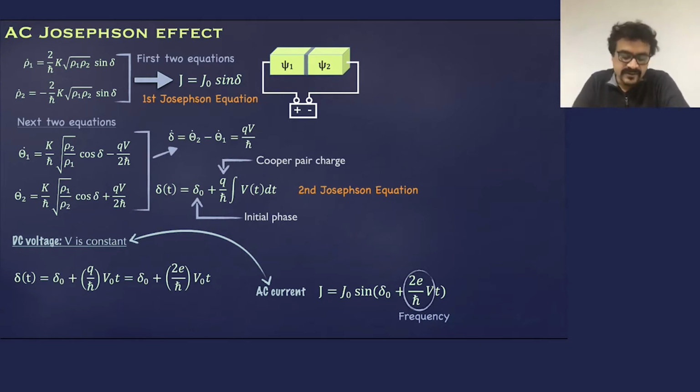Okay, from the first two equations, which are on the time rate of change of the Cooper pair density, ρ1 and ρ2, ρ1 is on the psi1 side and ρ2 on the psi2 side, we got the first Josephson equation, which is the current density as a function of the phase difference of the wave functions between two sides.